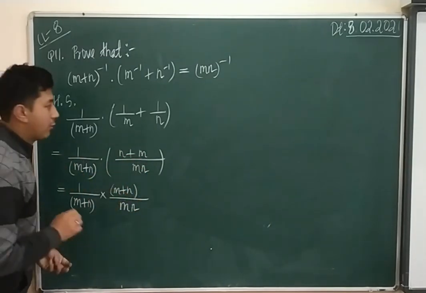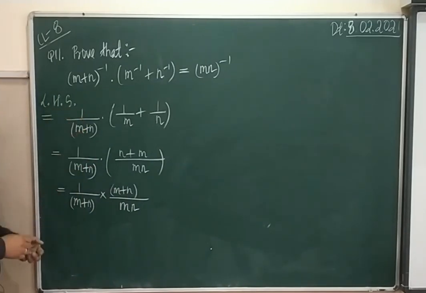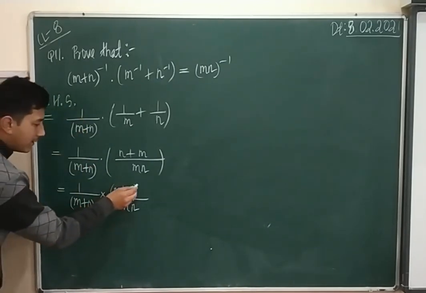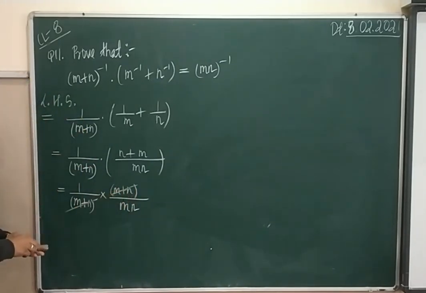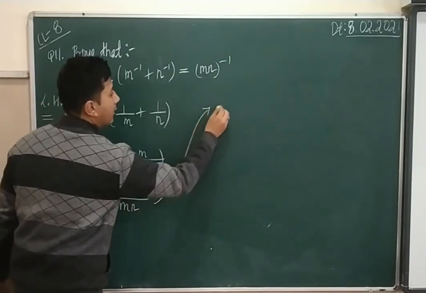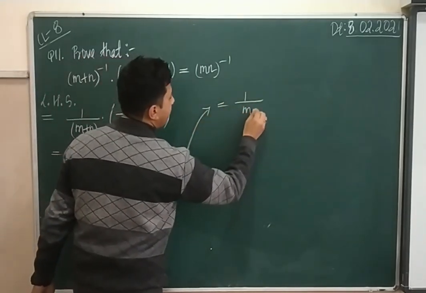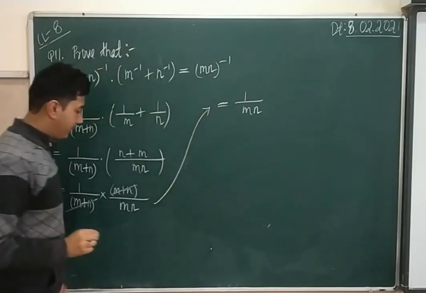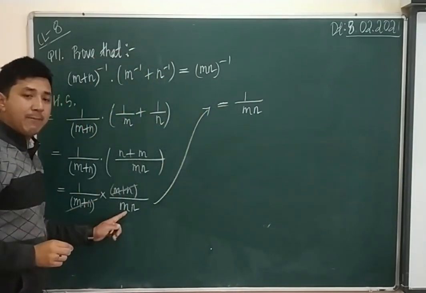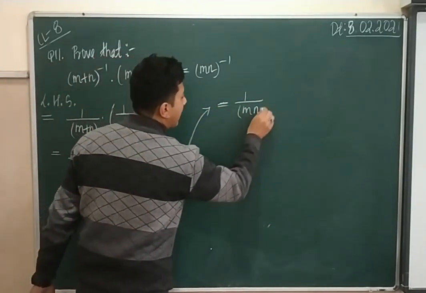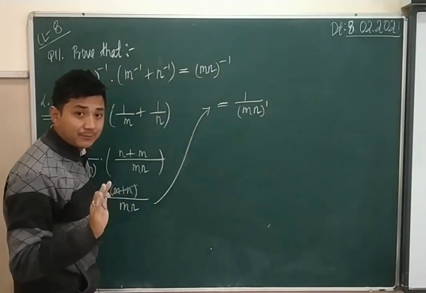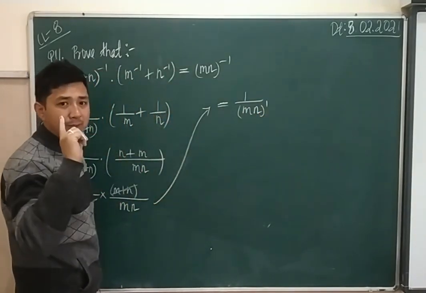Okay. If you're not clear, please pause the video again, do check. Okay. So what happens here is this and this gets cancelled out. So I am now left with 1 by mn only, isn't it? So this is actually mn to the power 1, isn't it? If the power is nothing, the power is always 1.